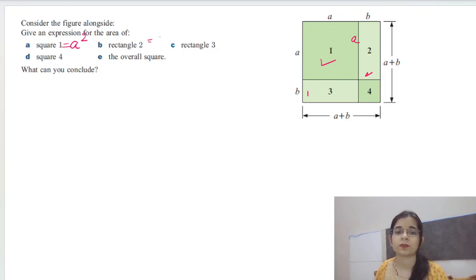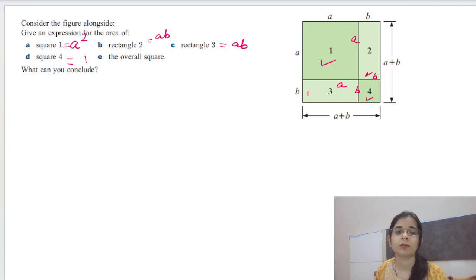Rectangle 2 gives you ab. This is again a rectangle, this is b and this is a. It will also give you ab, length into breadth. And square 4 is a square of length b. You can see this is b and this is also b.